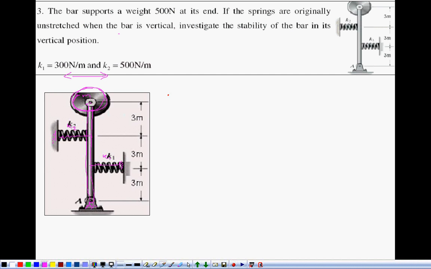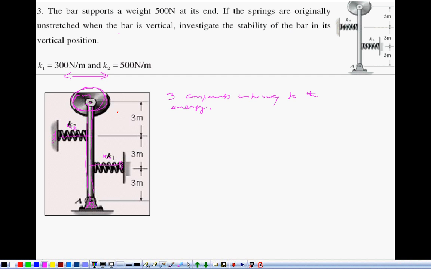There are three components contributing to the energy.